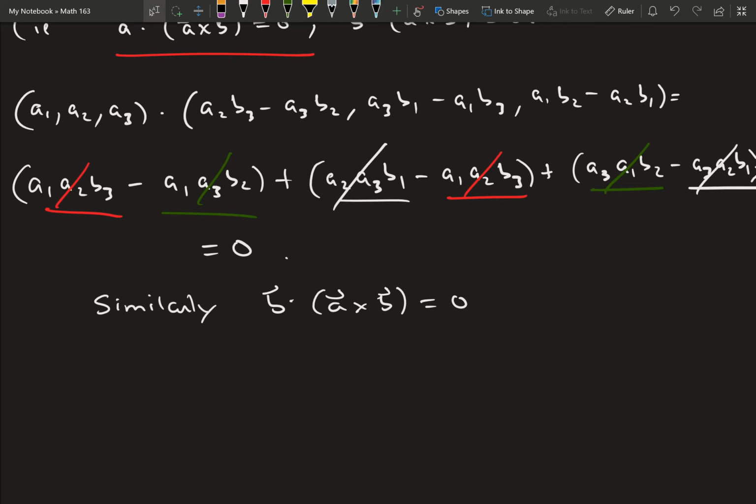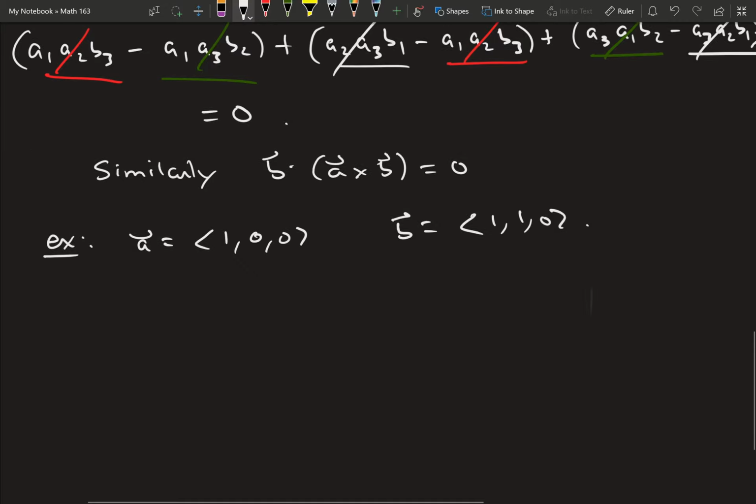Okay, so let's just do one example, and we'll end with that. Let's make a simpler example. A is 1, 0, 0, where we can actually see what's happening. B is 1, 1, 0. So what does this look like?